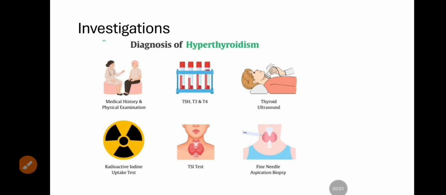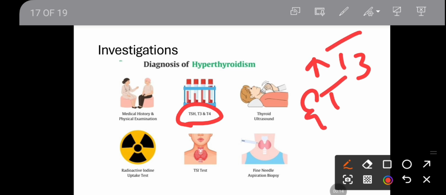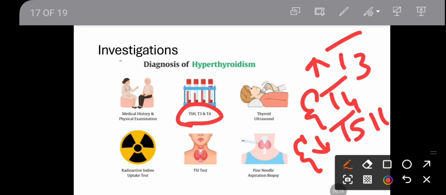First one, we will take the medical history and the physical examination. And the second one is we will do a thyroid function test. In thyroid function test, there will be raised T3 and T4 and decreased TSH, as we discussed earlier. Sometimes we will do anti-TSH receptor antibodies, and we also do CT or MRI orbit for muscle belly enlargement with tendon sparing.